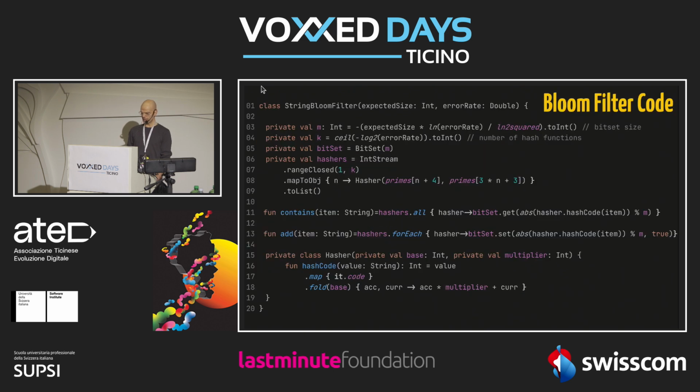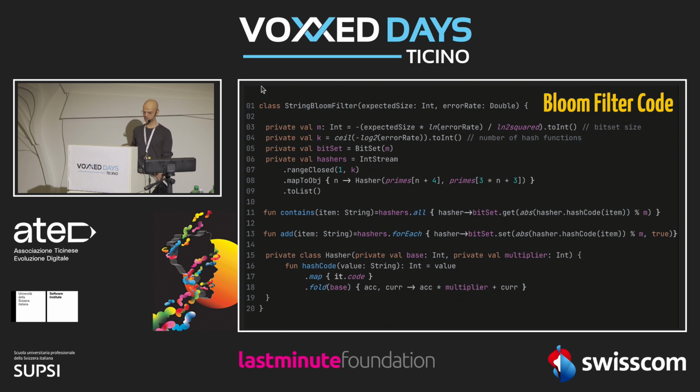But here, just to see how easy it is to do that, this is 20 lines of code in Kotlin that implements it. It's not production ready, of course, but it basically works.